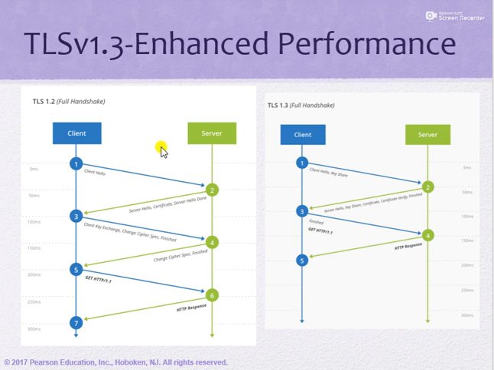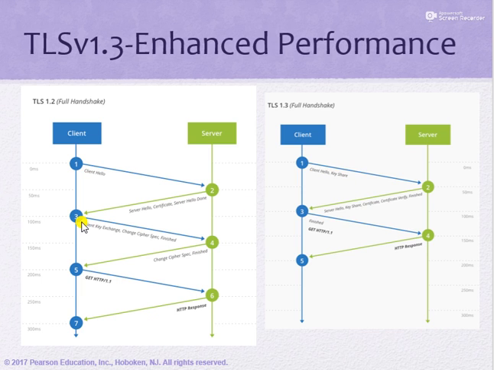Okay, here we just show the comparison of the handshake protocol between TLS version 1.2 and version 1.3. If you look at step 1 from client to server, in version 1.2 the client just sends a hello message, but if you look at version 1.3, the client is not only sending the hello message, but there is one significant change here: the client also sends its key share for the particular key agreement protocol.